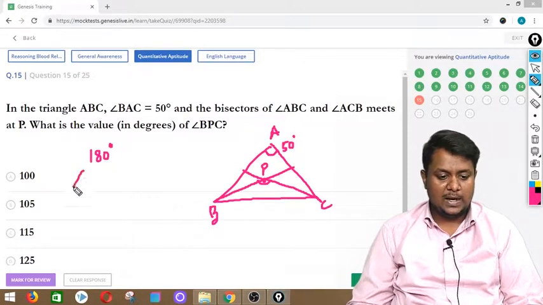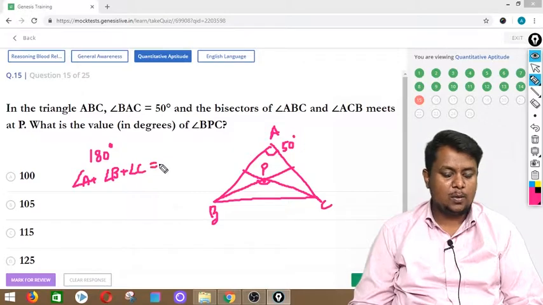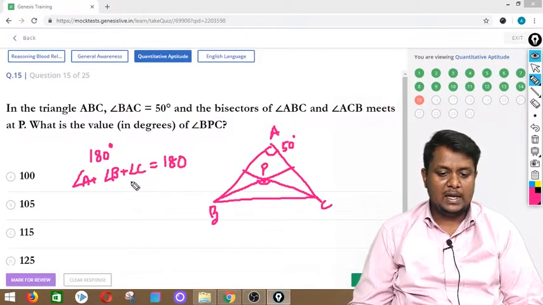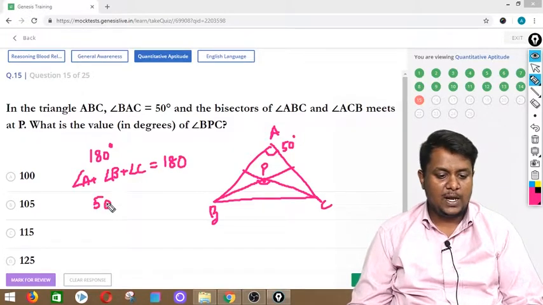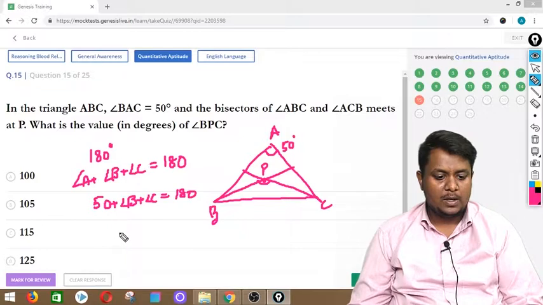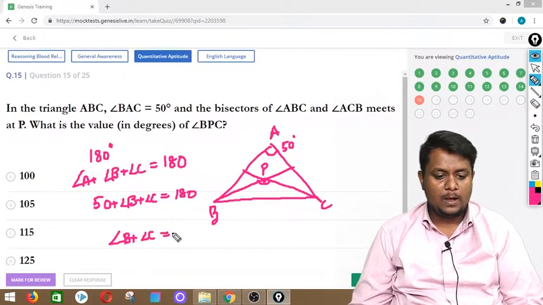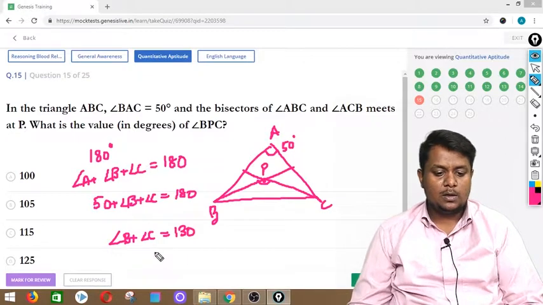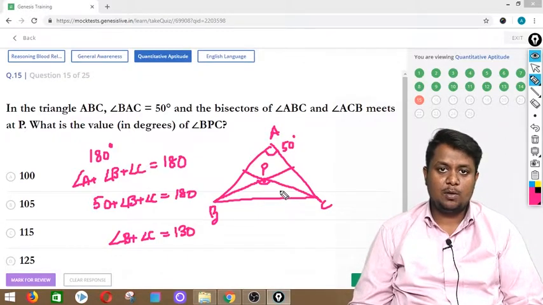That is, angle A plus angle B plus angle C is equal to 180. Angle A is 50 degrees. So 50 plus angle B plus angle C is equal to 180, which means angle B plus angle C is equal to 130.